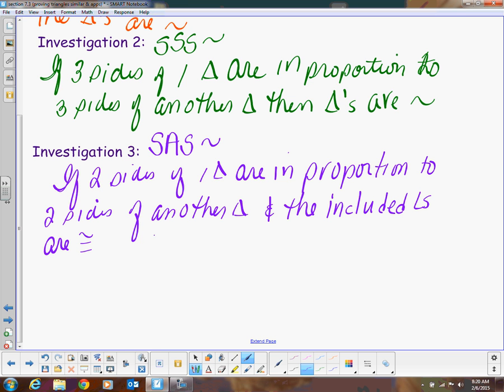Congruent. Then the triangles are similar. So you've got two sides in proportion, and the angle in between them congruent. You've got side angle side similarity.